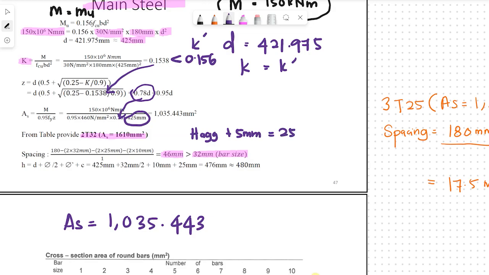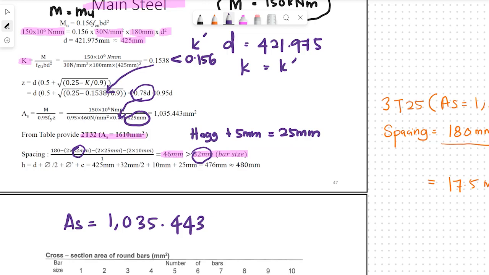Ini sama dengan 25mm. Okay, kalau you pakai bar size 32, you tahu bar size ni lebih besar daripada HAGG plus 5mm. So you akan compare dengan the bar size, which is 32mm. Kalau you pakai 40mm bar size, you akan compare dengan 40mm.